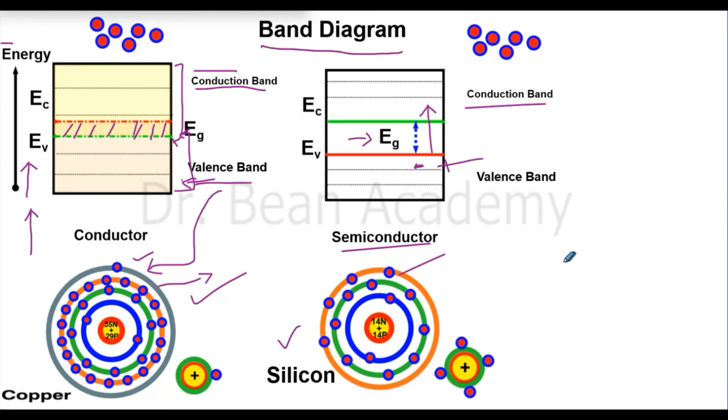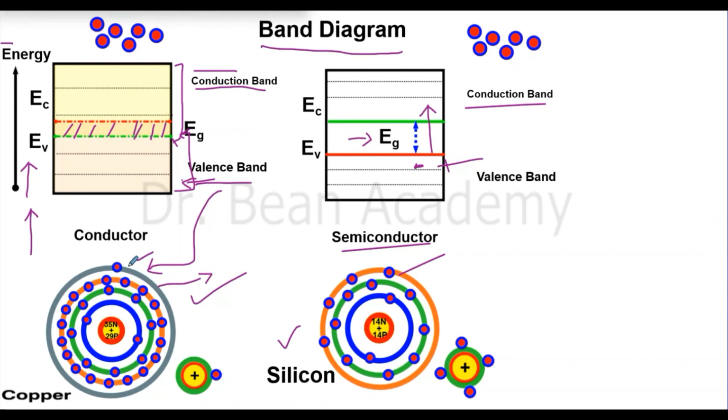So now, how about insulators? You have seen that for the conductor, the conduction band and valence band overlap. Electrons are almost free. That's the reason we don't need to give energy to the electrons from external sources so that they can jump to the conduction band, because they're already overlapping.